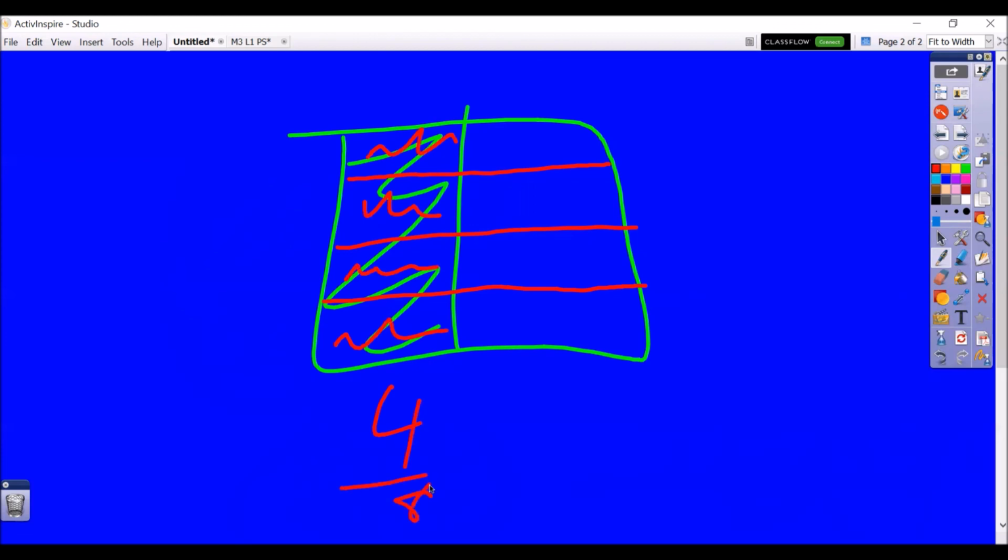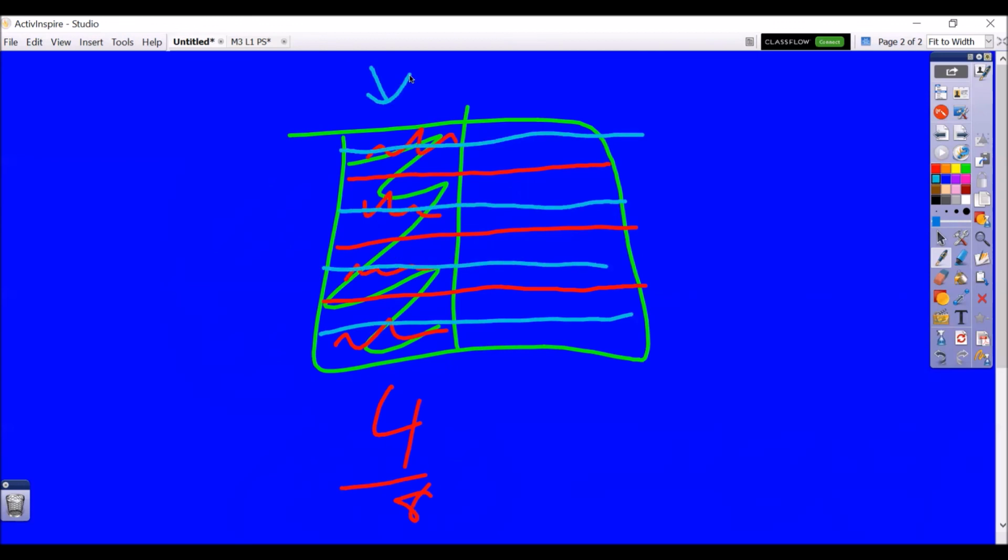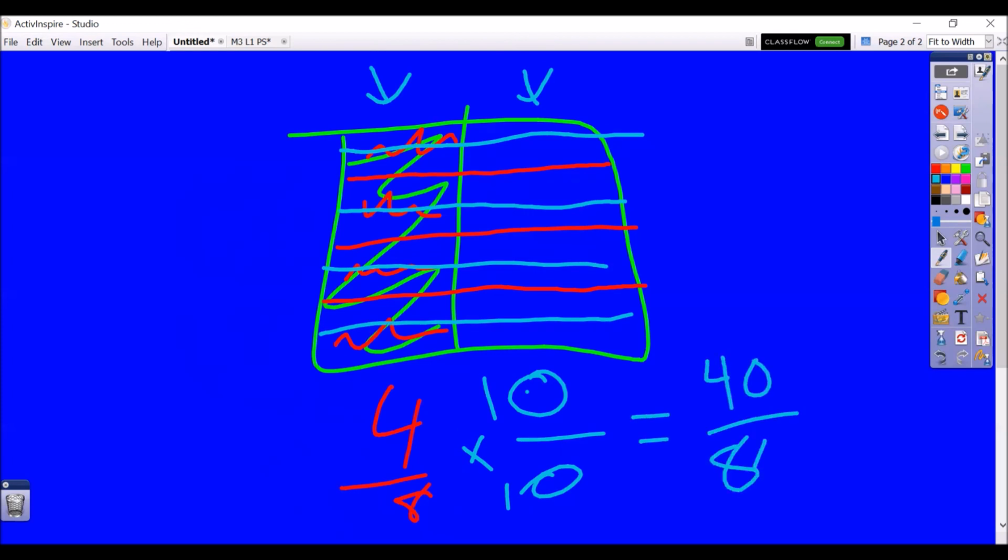Could I cut again? Yeah, I could keep cutting as many times as I needed to, as long as I'm doing it to the parts and the whole. So same thing, doing the same thing to the top as the bottom, right? Now, I could have cut it 9 times to create 10 different spots, so 40/80ths is the same thing as 1/2 or the same thing as 4/8.